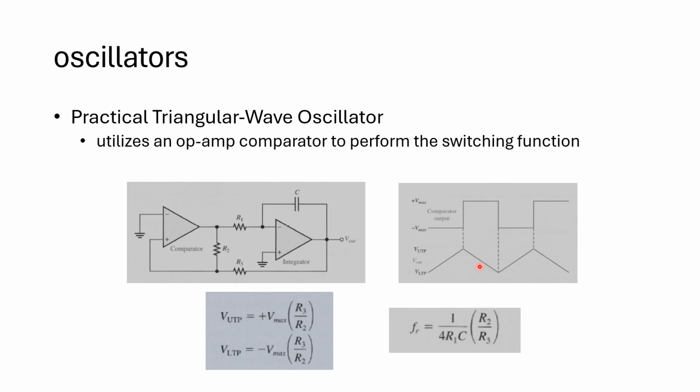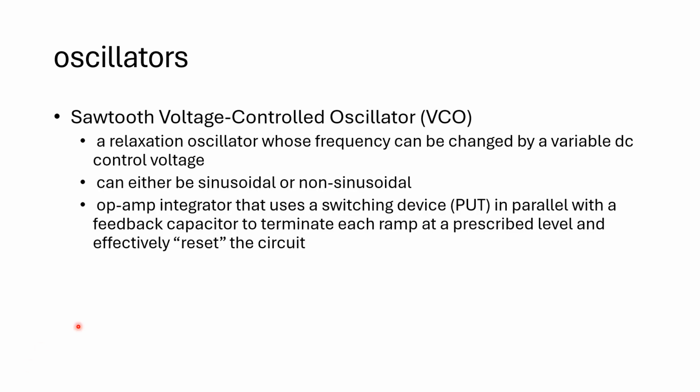So in our laboratory we have function generators. Function generators produce more than one output function. So this is already considered a function generator because in one practical application, a square wave and a triangular waveform are produced. Here we have a sawtooth voltage controlled oscillator, or VCO.